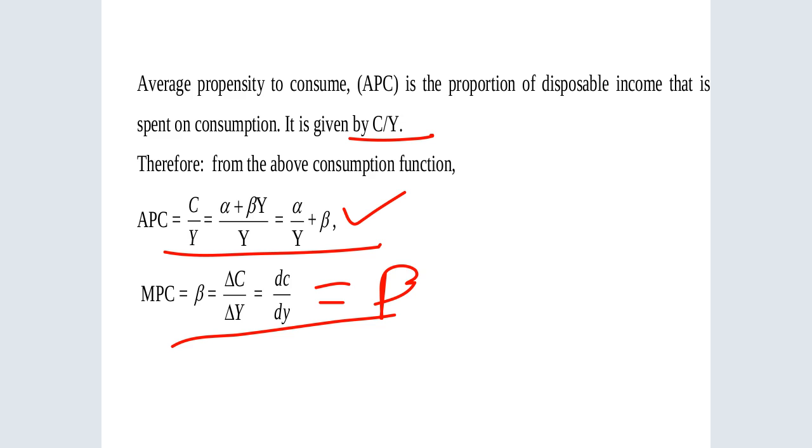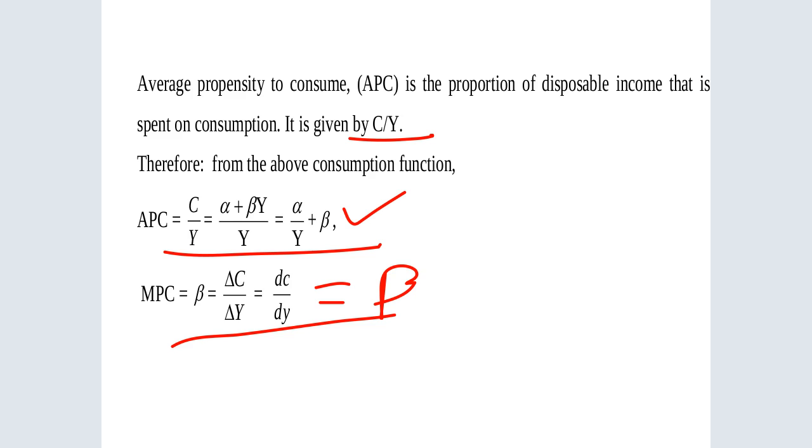Now, the previous slide, this is the previous slide you are asking about. So the average propensity to consume, that's what I mentioned, is the proportion of disposable income that is spent on consumption. So if we have our consumption function as alpha plus beta y, you can divide everything by y.